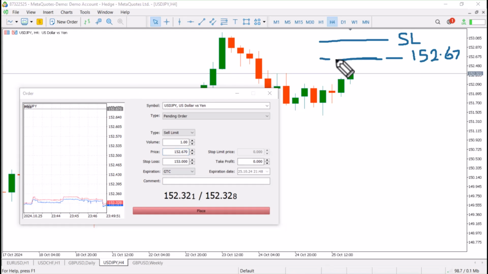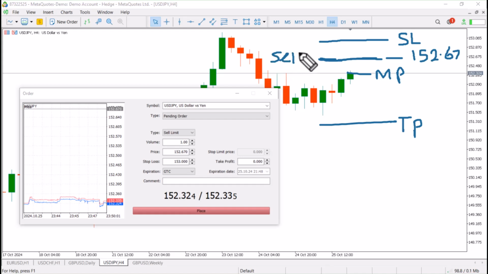Since we are selling at a higher level than the current market price, then our take profit will be below our market price and the sell limit, likewise our TP will be below our stop loss. Right? So now we set our TP.